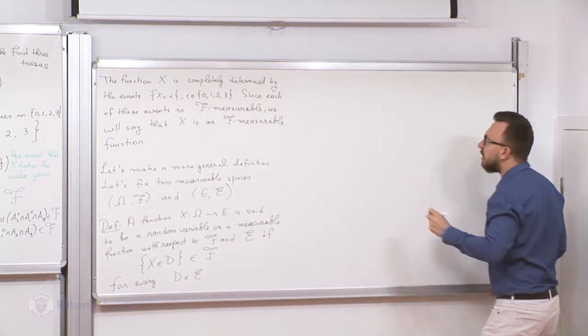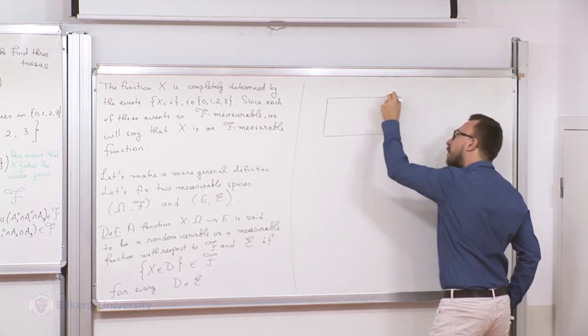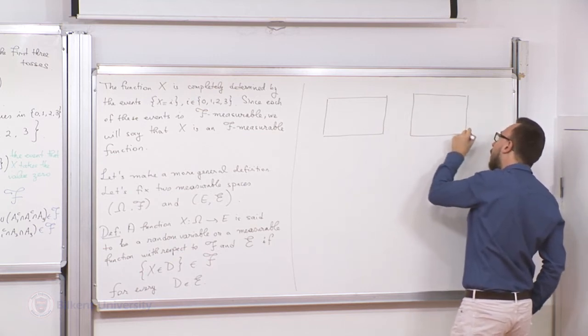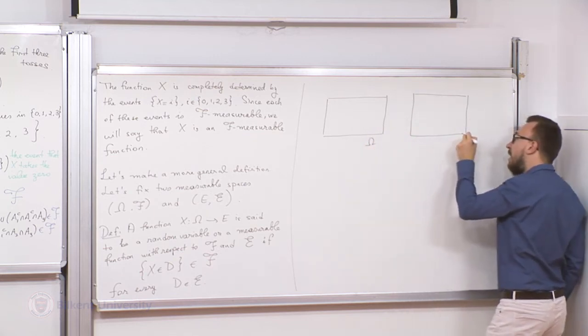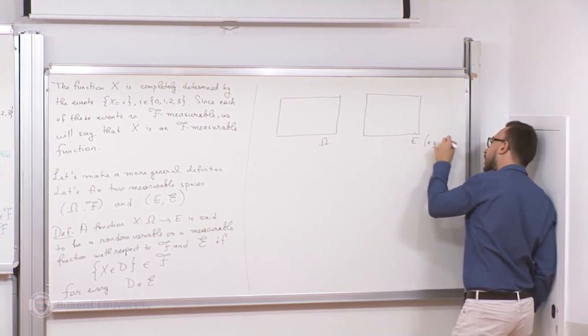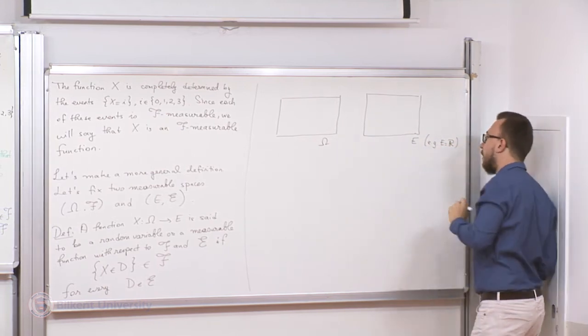So here's a related picture. So here's what we mean by measurability. Okay. So we have omega and E. So for instance, E is just the real line, or 0, 1, 2, 3. Okay.